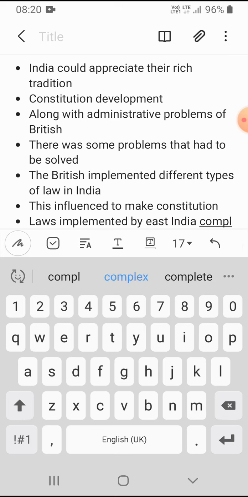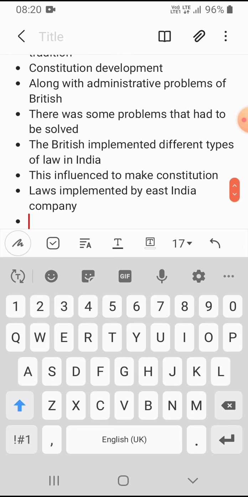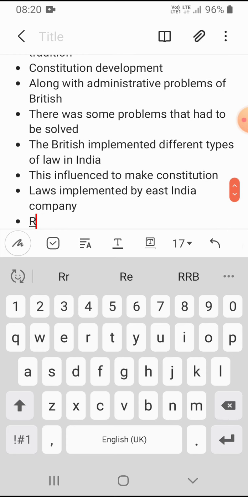And the first is the Regulating Act of 1773.